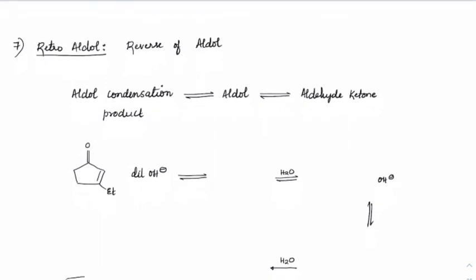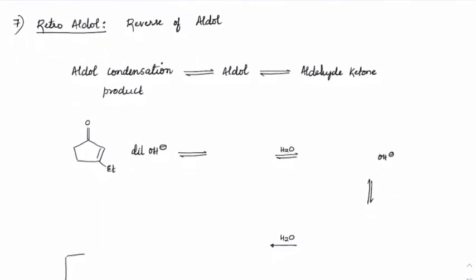So the last type of aldol, I'll just finish that and then you can take the notes. The last type of aldol is the retro aldol, which is exactly the reverse of the aldol. Which means if you already have an aldol condensation product, we can get back to a new type of aldol from it. For instance, suppose there is already an alpha beta unsaturated aldol condensation product.